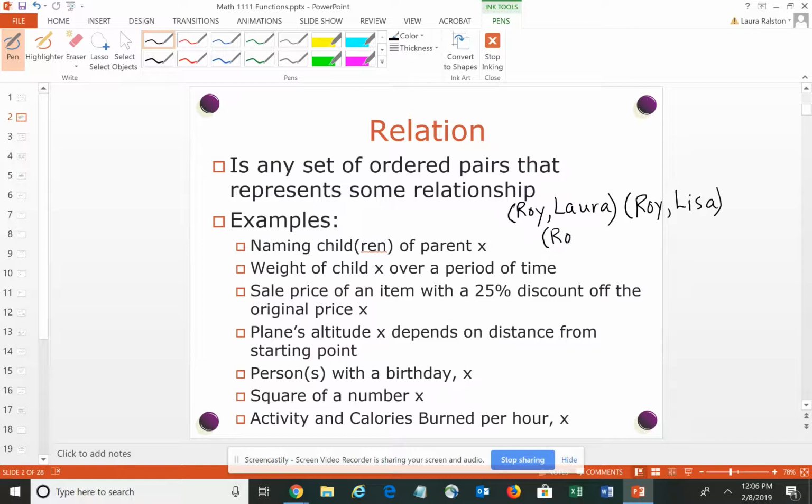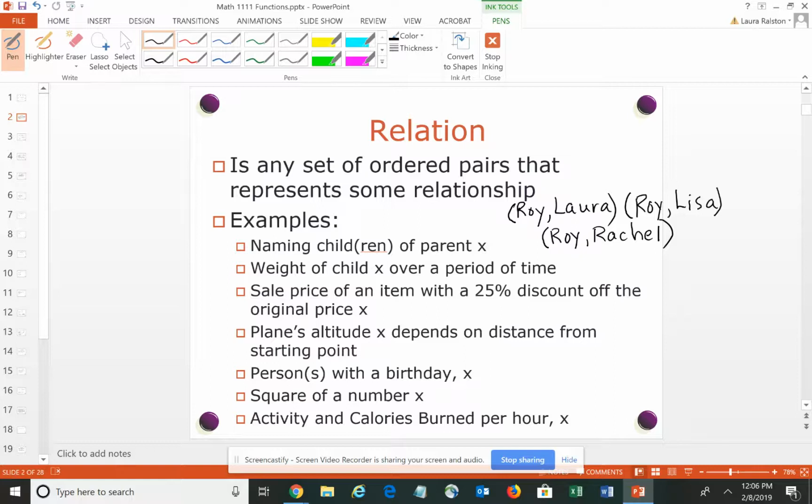Actually, I have two sisters, so you could also have Roy, comma Rachel. So in this case, you would have a relationship between the parent, who's Roy, and then his three children. And so that's a relationship, and we could list those as ordered pairs.